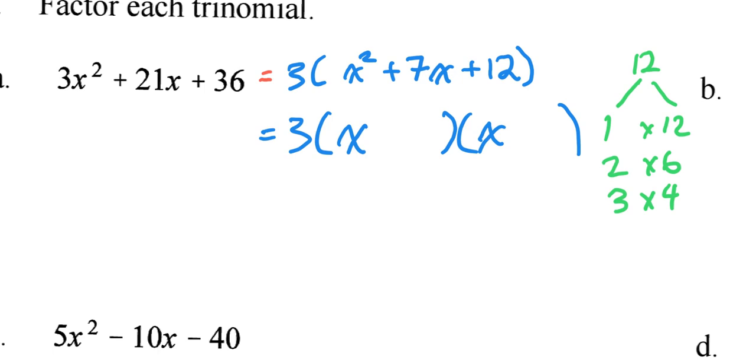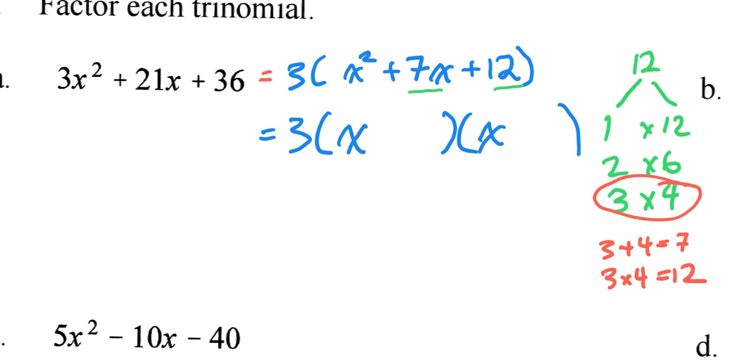So now we need to find two numbers that multiply to 12, but then add to 7. And in this case, we see 3 plus 4 equals 7, and 3 times 4 equals 12, which means our answer is x plus 3, x plus 4 in our bracket, and we are done. As soon as you get to this stage, you are done this type of problem.